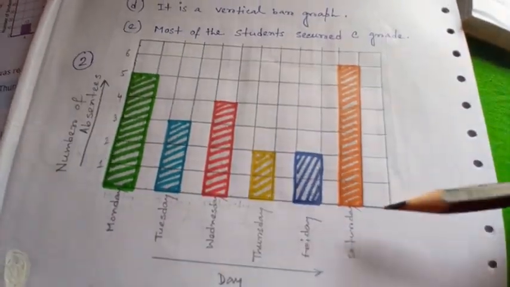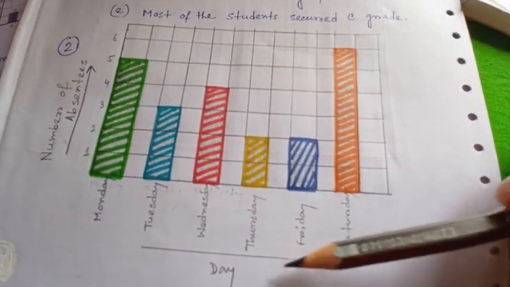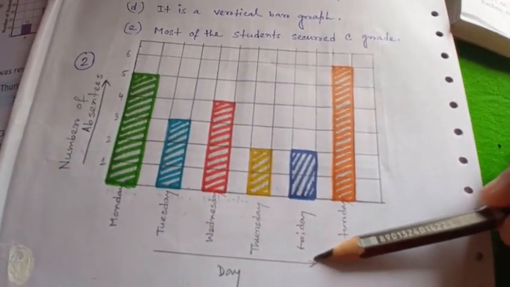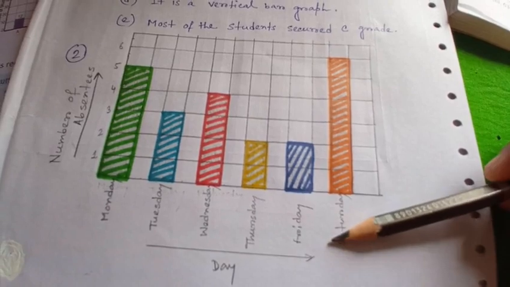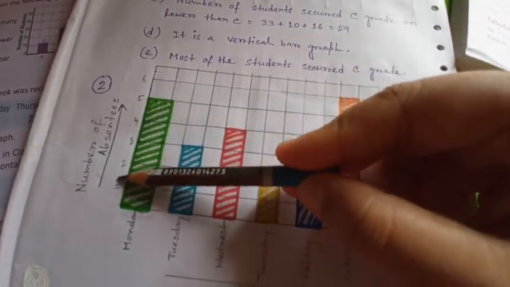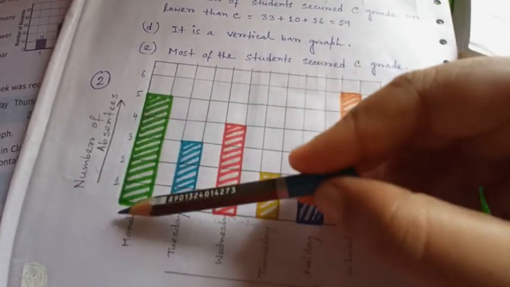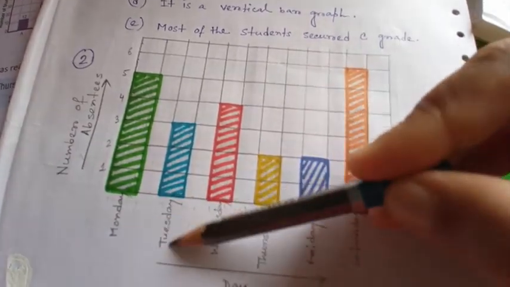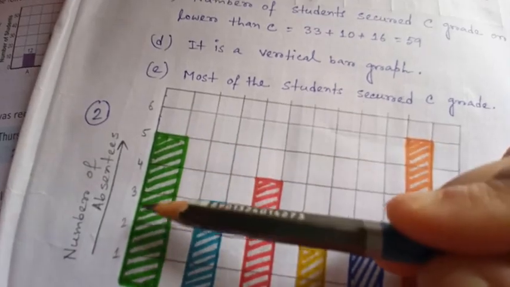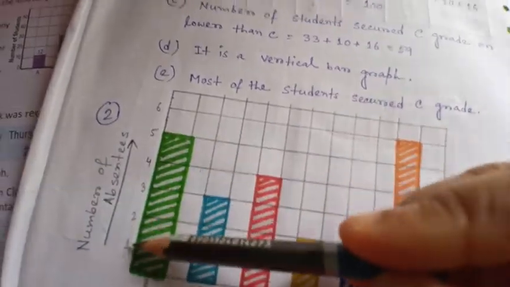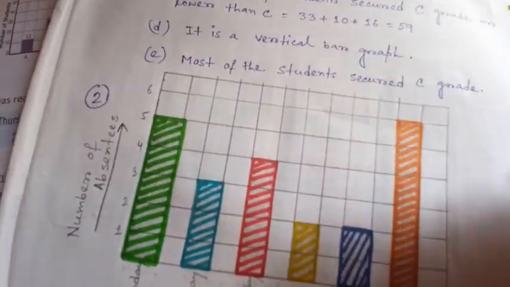In the horizontal line I plotted the days, and the number of absentees is plotted along the vertical line. So I have written Monday, Tuesday, Wednesday, Thursday, Friday, Saturday, and on this side I am writing the numbers, because this side shows the number of absentees.